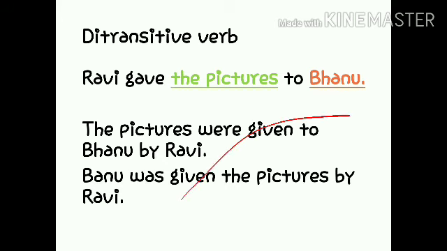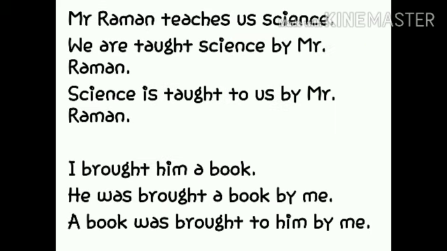Now we'll see some other example. Mr. Raman teaches us science. Here also we have two objects, us and science. Science comes under direct object, and us refers to a person, so it comes under indirect object.